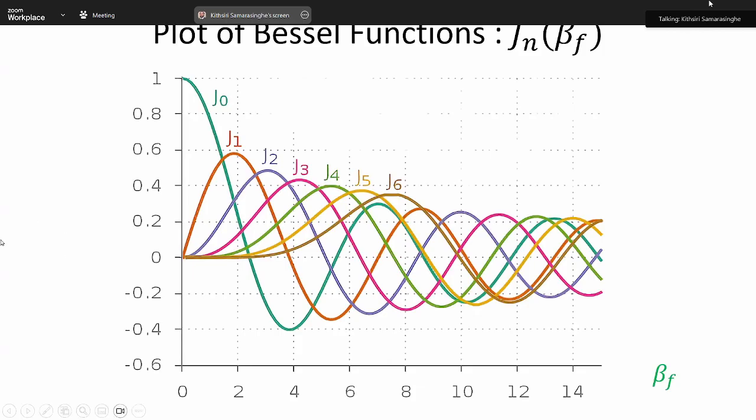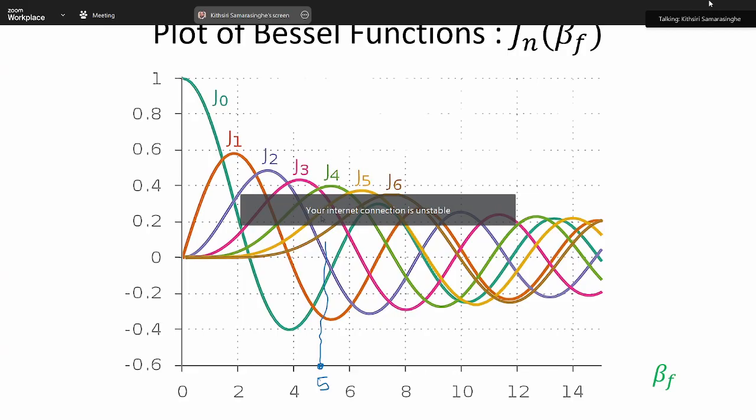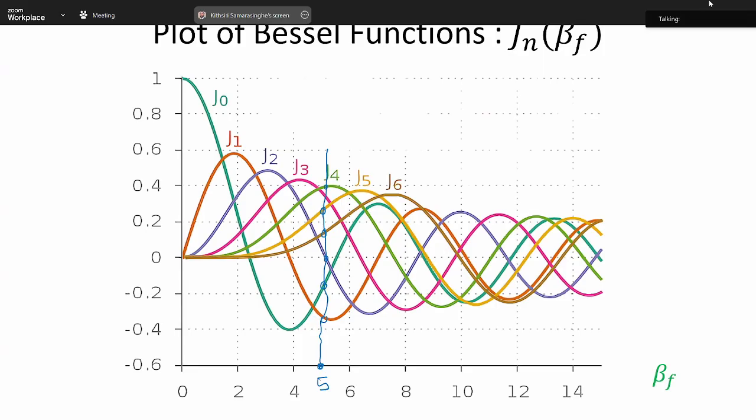You can notice beta values plotted horizontally. That's your modulation index. And you can read these J0, J1, J2, all these J coefficient values vertically. That way, the series expansion will be easy to calculate the amplitudes.